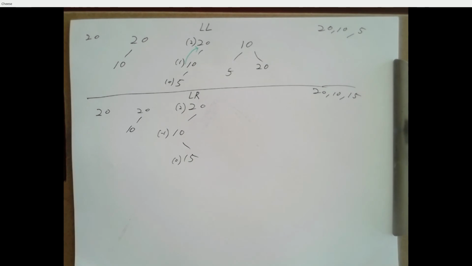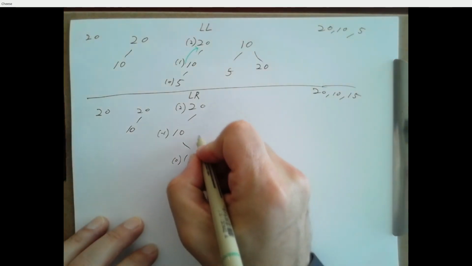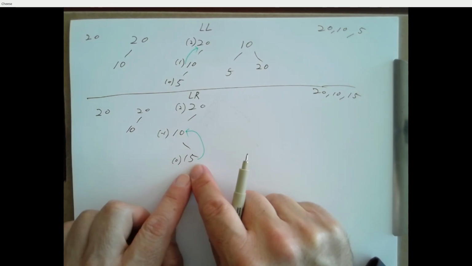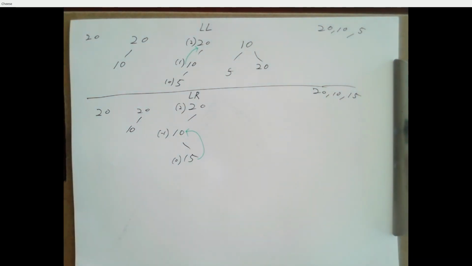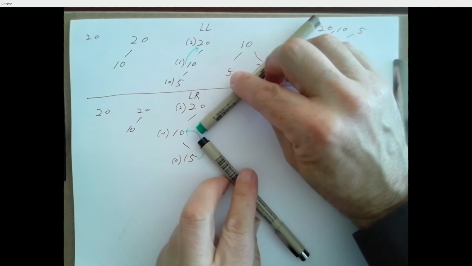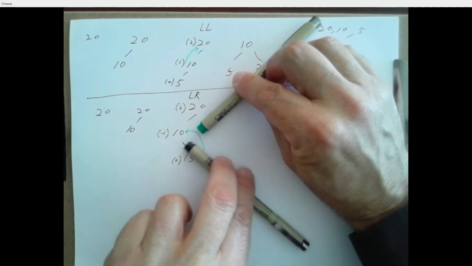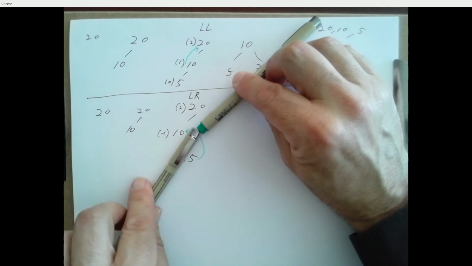And we're going to correct this, but it's going to take 2 steps instead of 1. The first step is going to be to take this node that's 2 spots down from the imbalance and rotate that in place of its root. So we've got a structure like this. The first thing we're going to do is basically go like this.